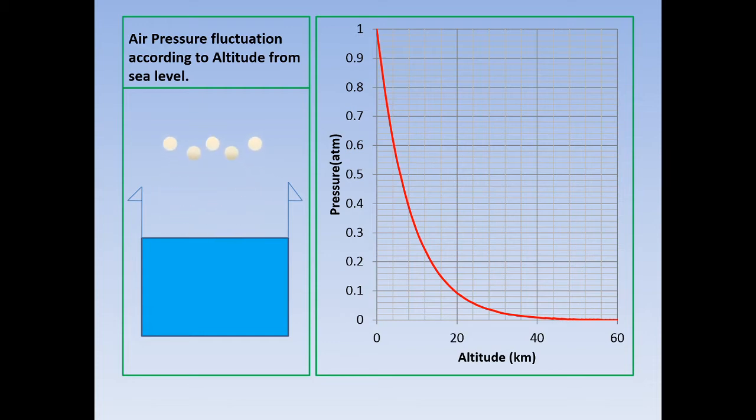But if you go to a higher altitude, the density of gas there is lighter compared to sea level, so the pressure is reduced a lot, and then the water easily boils. That is why when you go to the mountains, you need less energy to boil water compared to at sea level.